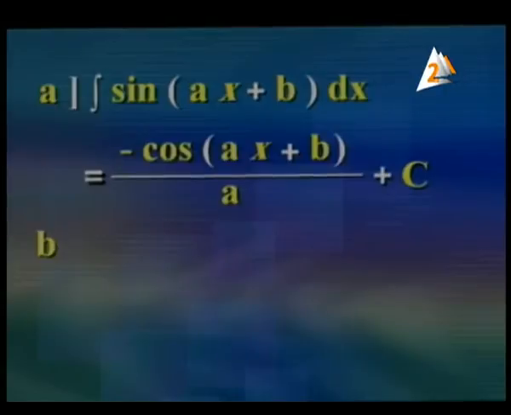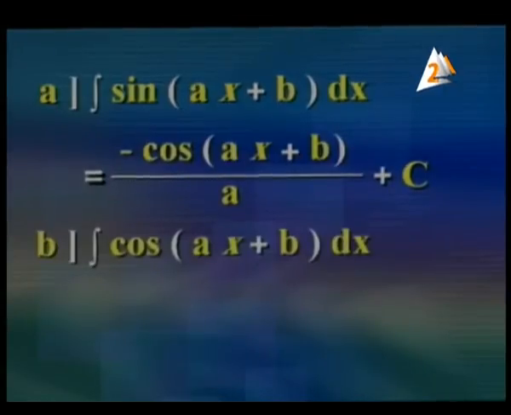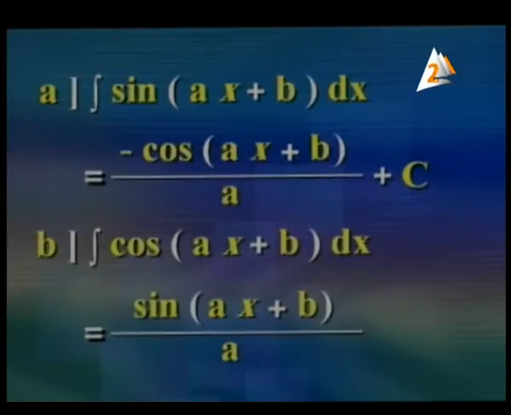Integration of sine ax plus b is negative cosine ax plus b over a plus c, where c is called constant of integration. Also, integration of cosine ax plus b dx. What is the integration of cosine? Sine. Then integration of cosine bracket ax plus b with respect to dx equals sine bracket ax plus b over the coefficient of x, which is a, plus constant of integration c.